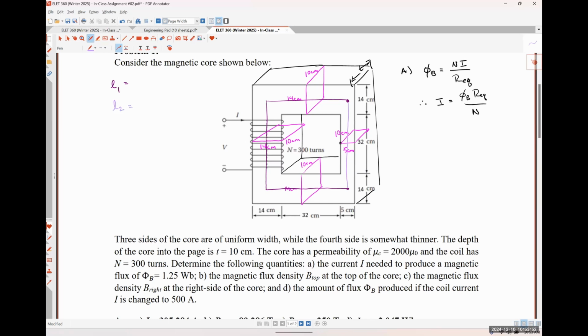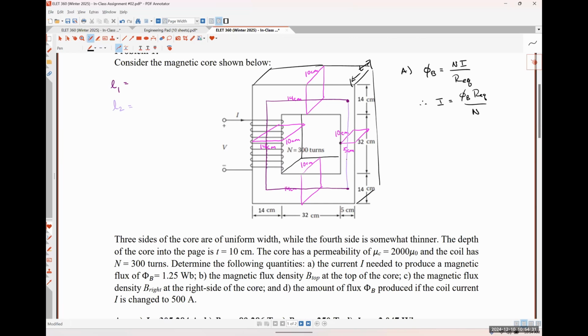Okay. So let's start with L2 because I feel like it's probably the easiest one to figure out. So what do you guys think that one should be? The length of the flux path through the right leg. 18 centimeters, I guess 16 centimeters minus 14.